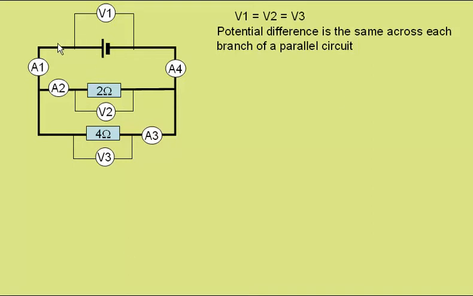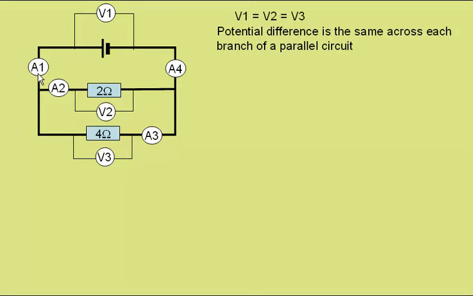The charges come along here and will all pass through ammeter 1, but then they will either go through this top branch, passing through ammeter 2, or they'll go through the bottom branch, passing through ammeter 3, before meeting up again to come through ammeter 4 and back to the cell.